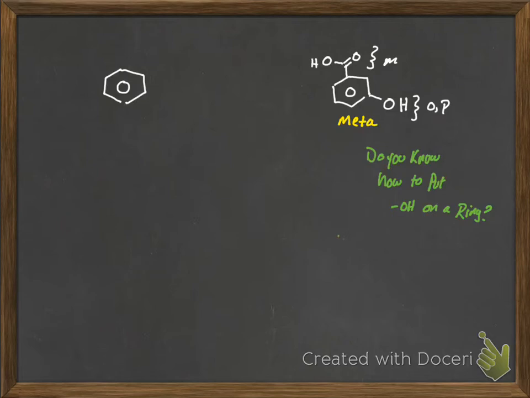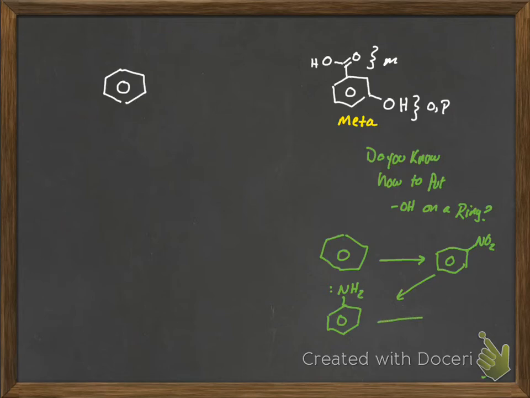For instance, if you wanted to add an OH to a ring, what you had to do was go from benzene to nitrobenzene to aniline to the diazonium salt with nitrous acid to phenol.